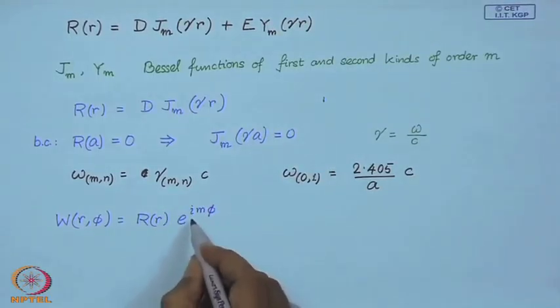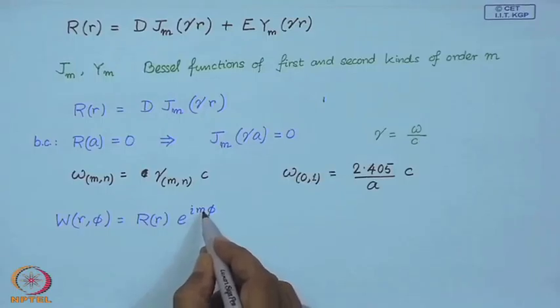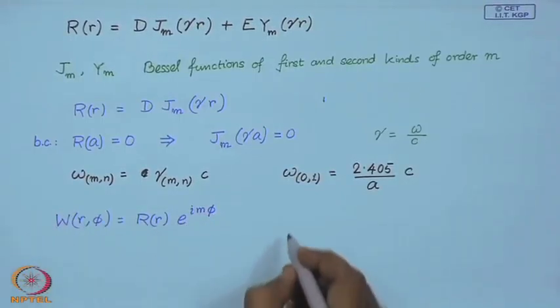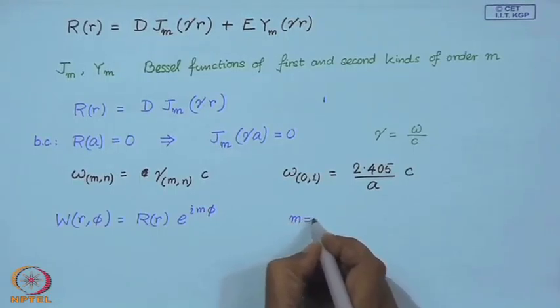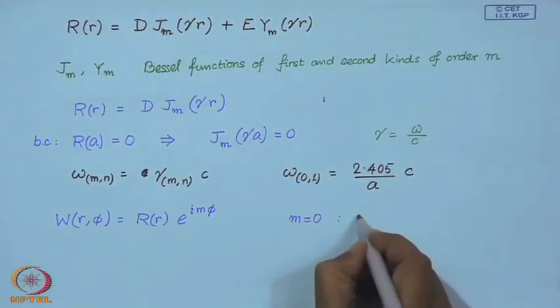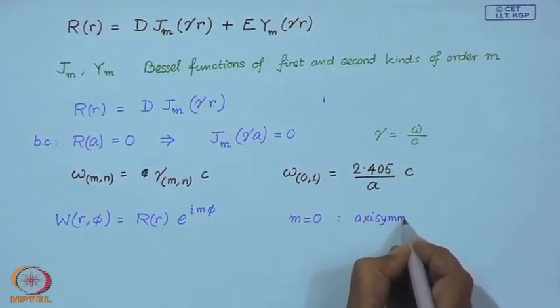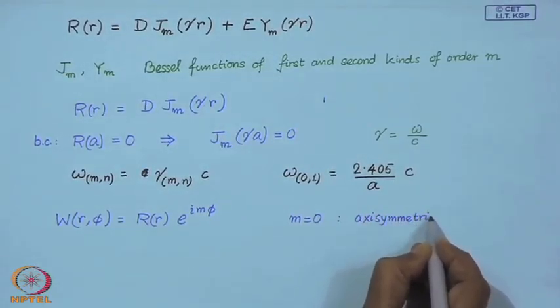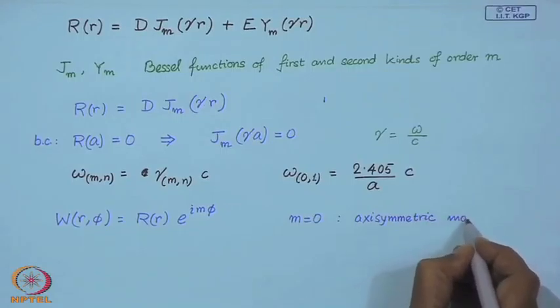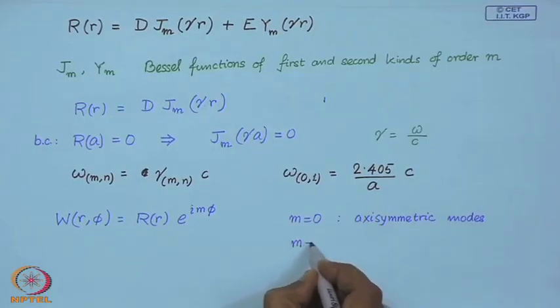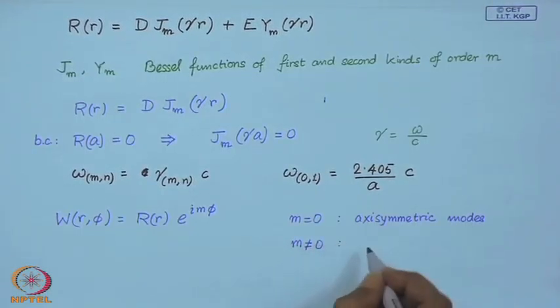Now, when m is equal to 0, we have what are known as the axisymmetric modes. And for m not equal to 0, we have the unsymmetric modes.